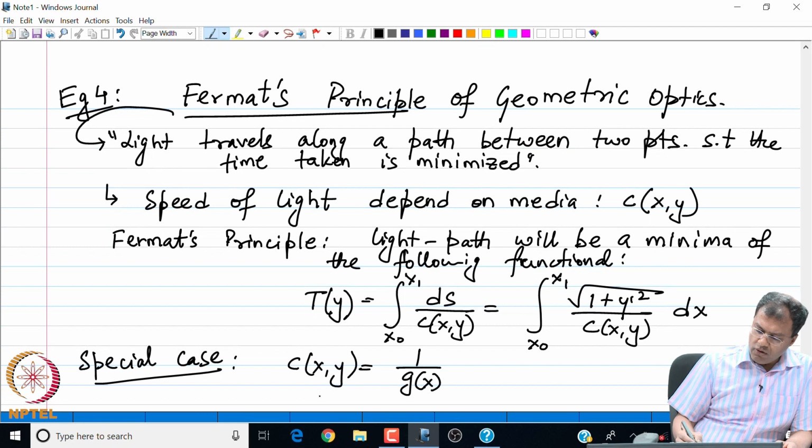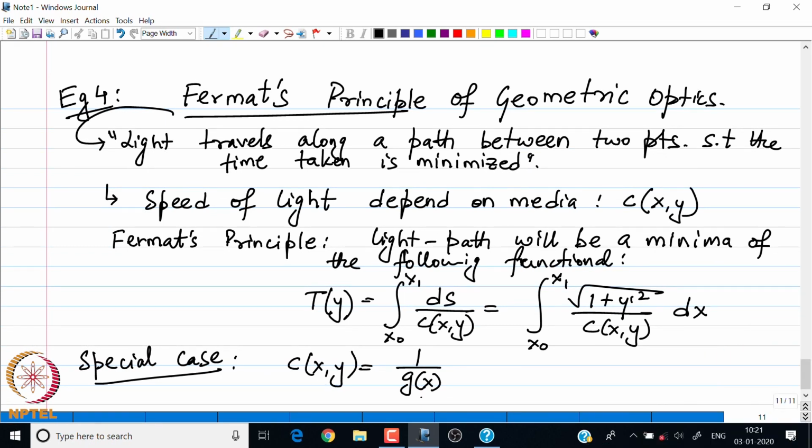I have used a simplifying assumption that the speed of light purely depends on the x component of the coordinate system. So, in this case my time functional becomes the integral from x0 to x1 of g of x times square root of 1 plus y prime square dx.